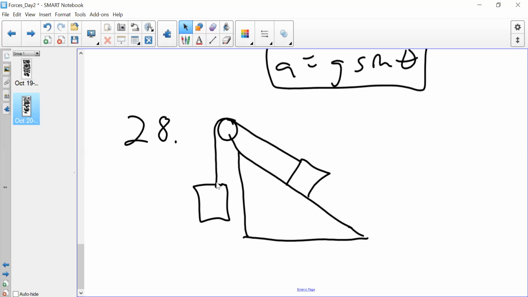Mass 1, which is this guy, is 2 kilograms, and this is going to be 6. The angle theta here, always with the x-axis, 55 degrees, that's 35. Find the accelerations of the objects and the tension in the string and the speed of each object 2 seconds after they're released from rest.